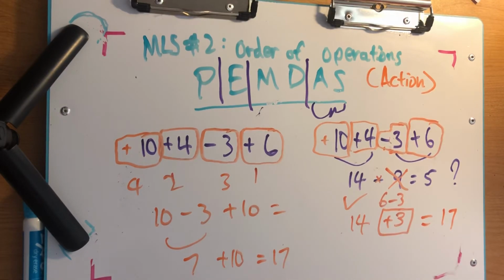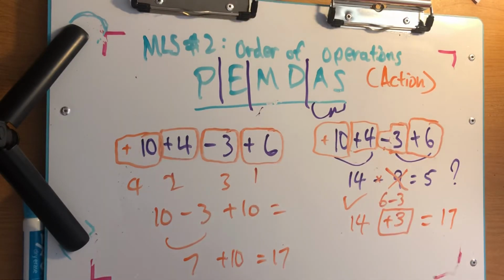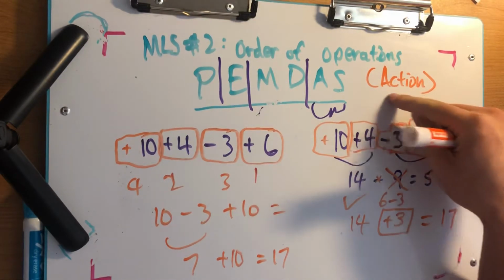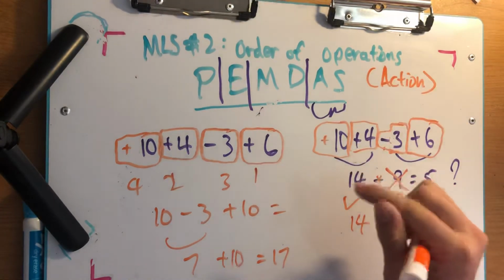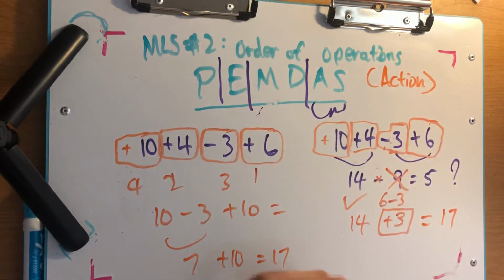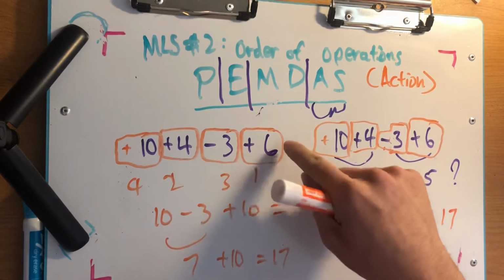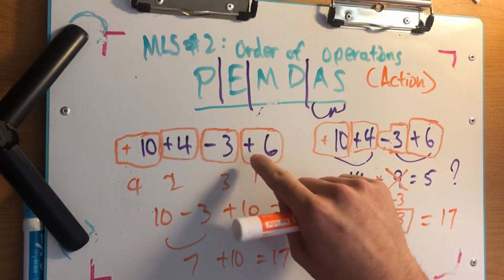So the number one rule for understanding order of operations is understanding the definition of what an operation or an expression means. It means an action. And actions have to be attached to things. This minus can't just be moved willy-nilly to in front of this 6.